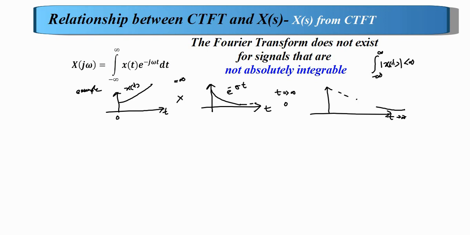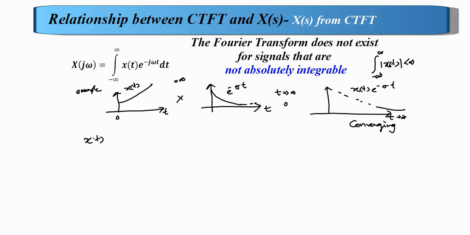Maybe the shape will be like this, x of t into e raised to minus sigma t. So we got a new signal, and now this signal is converging. After multiplying with e raised to minus sigma t, the new signal is converging. Now I can find the Fourier transform of the new signal.